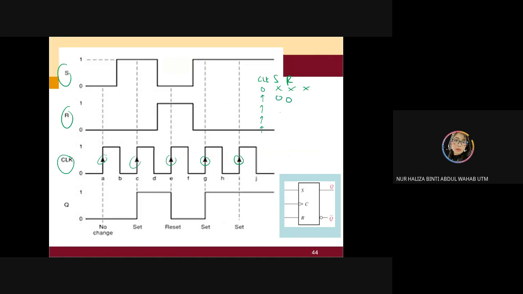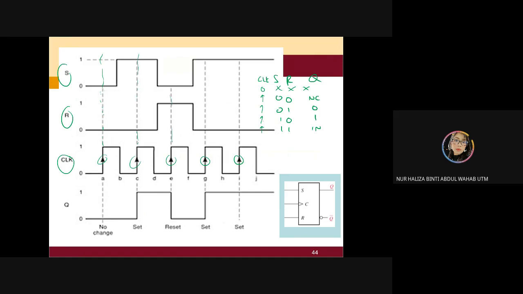We have 0, 0, 0, 1, 1, 0, 1, 1, and our output will be no change, reset, set, and invalid. Referring to the table, we will look only at the dotted line from your rising up clock.